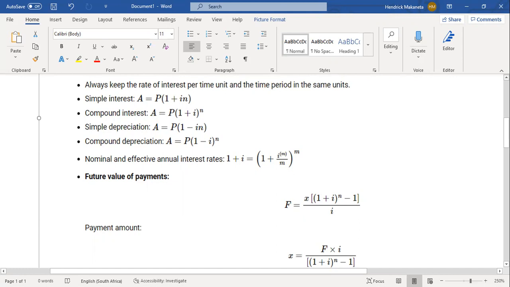And of course, we have spoken at length by now about the effective as well as the annual interest rate. But I also want to talk about the future value of payments. In this case, when you look at the value of payments which can be made in the future, there's a formula that we have which can be utilized as well when you want to calculate the payment amount which will be made in the near future.